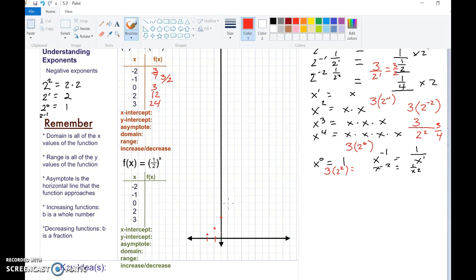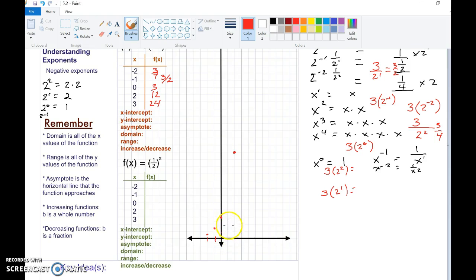And 2 is, well, I don't have 1 up there, do I? Let's go ahead and put a 1 in there. I'll do the 2, and then 2 is 12, so 1, 2, 3, 4, 5, 6, 7, 8, 9, 10, 11, 12 goes there. And I'm going to fit my other one in there too. If x is 1, that would be 3 times 2 to the 1, which is 3 times 2 is 6.